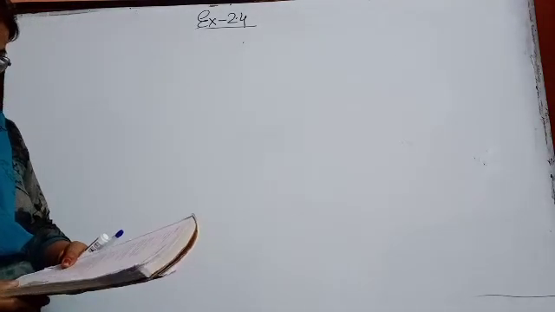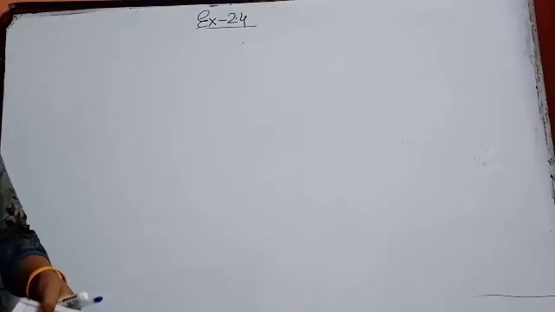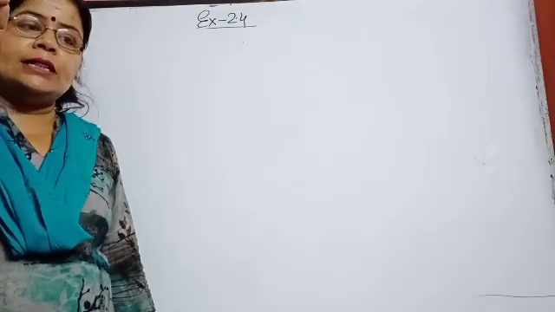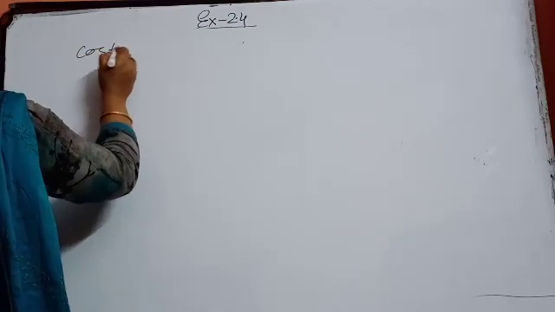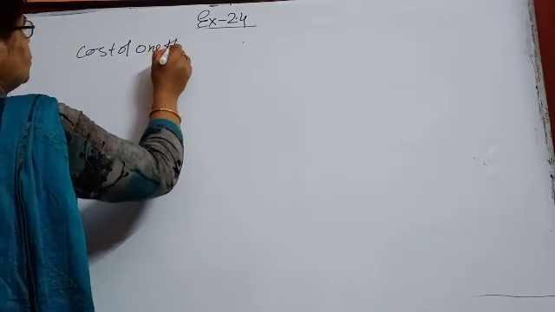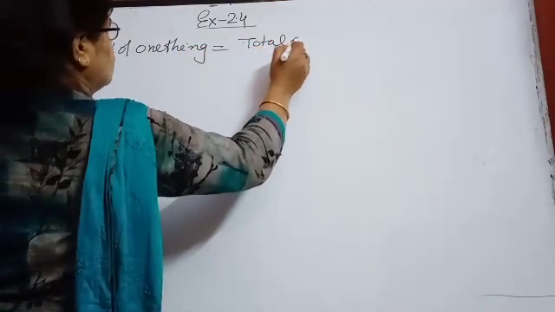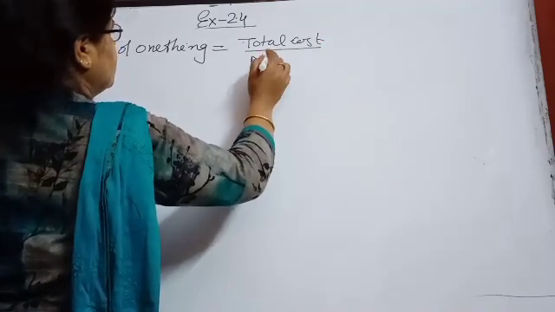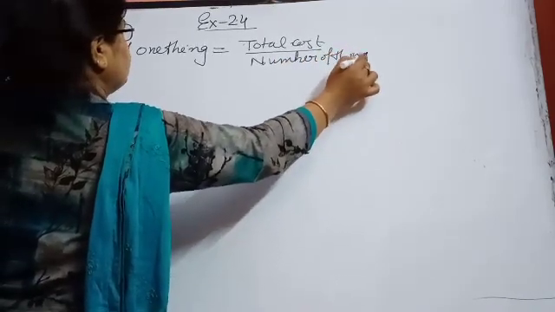Question number 9. The cost price of 35 cameras is given, and what is the cost of one camera? Whenever we have to find the cost of one thing, at that time the total cost is divided by the number of things. If you have the total cost, it will be divided by the number of things, whatever it may be.